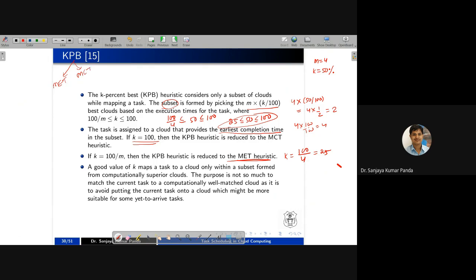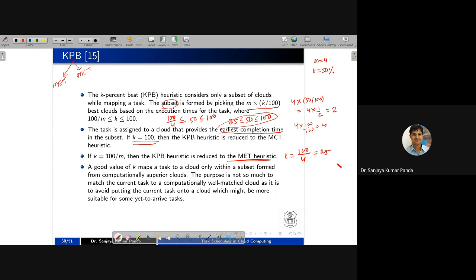So how to choose the value of K? It is really challenging. A good value of K maps a task to a cloud only within a subset formed by computationally superior clouds.